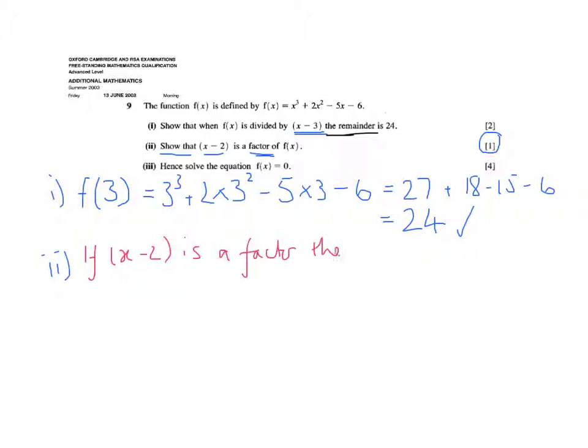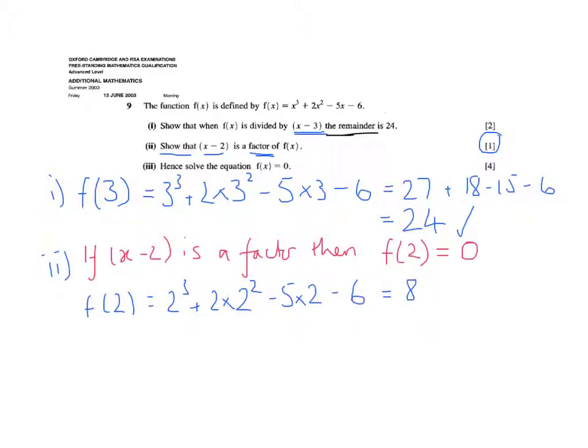then f of 2, because 2 is what makes the bracket equal to 0, f of 2 will be equal to 0. So let's try that. f of 2 is 2 cubed plus 2 times 2 squared minus 5 times 2 minus 6.